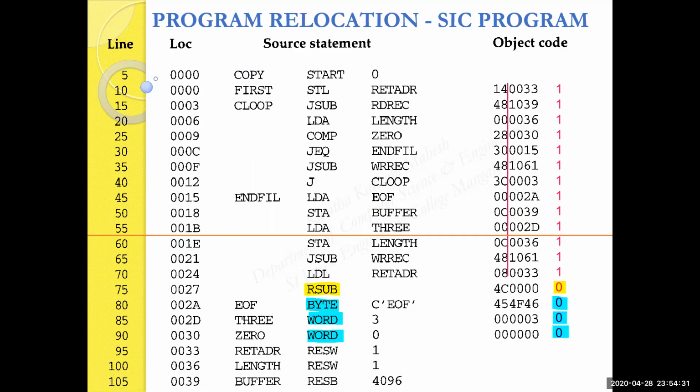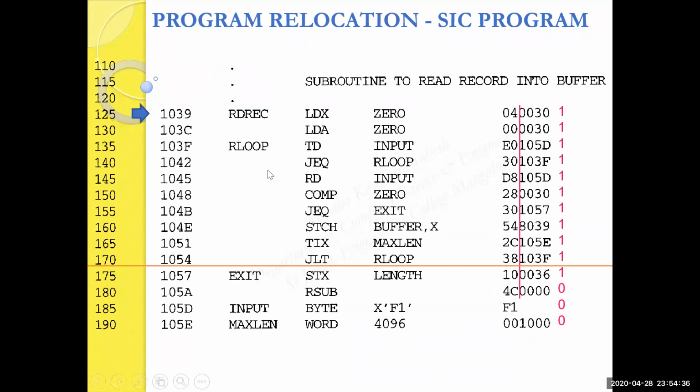So excluding the last four object codes, all others require modification. Likewise, if we examine the subroutine RDREC, excluding RSUB and the constants, that is F1 and the internal representation for the constant 4096, all other object codes will have to be modified if the program is loaded at a different address.